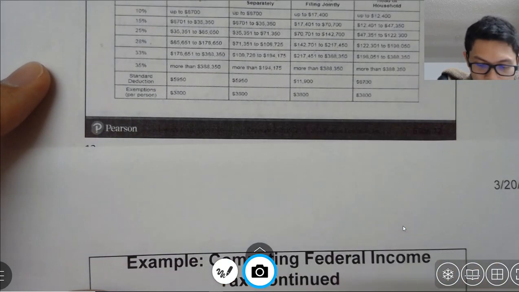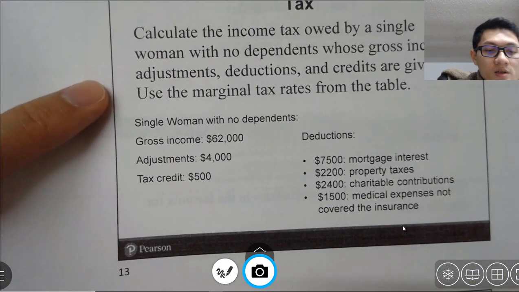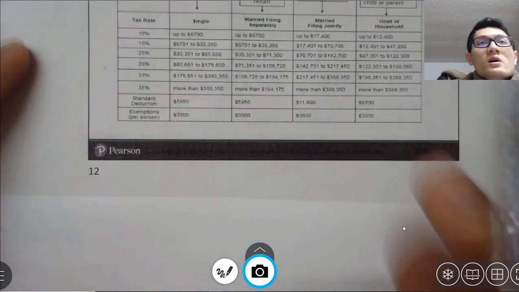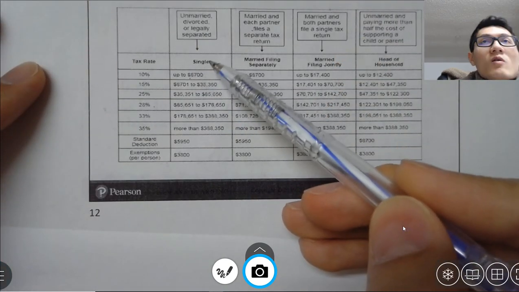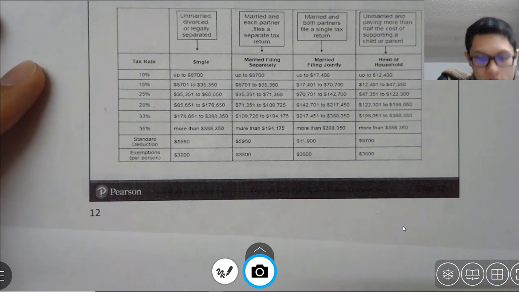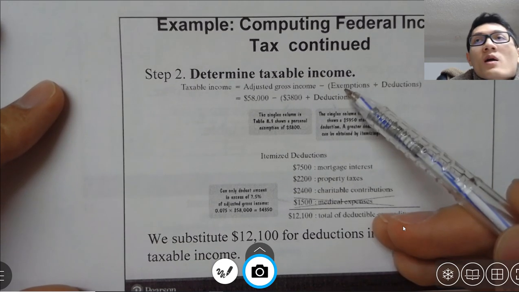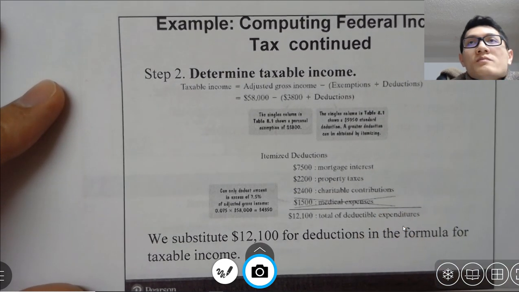Now this is a single woman, right? So we go with the first column for single. So her exemptions are 3,800. All right. So we got the exemption. What about the deductions? We need to figure out what the deduction is.